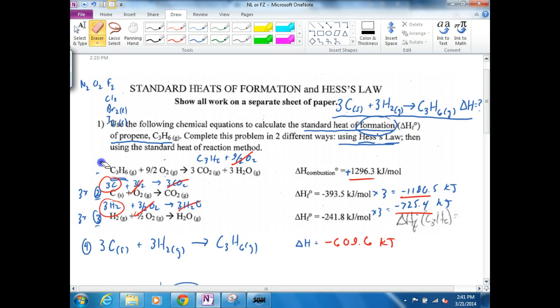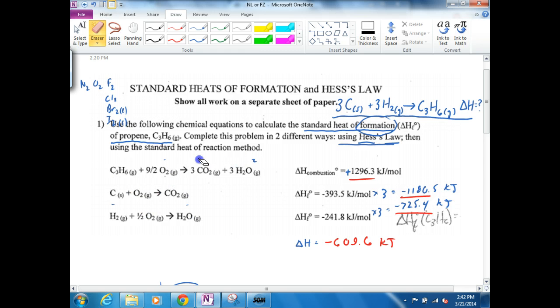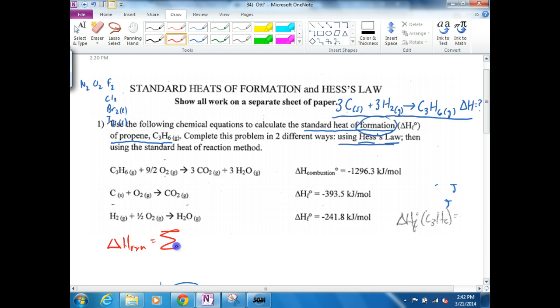Okay, so let's get rid of all this stuff. I'm going to use a totally different approach. Well, it's really not totally different, is it? Because the equation that we're going to use, which is heat of reaction equals the summation of the delta H of formation of the products minus the sum of the delta H of formation of the reactants, is actually based on Hess's law, so it's not really unrelated.